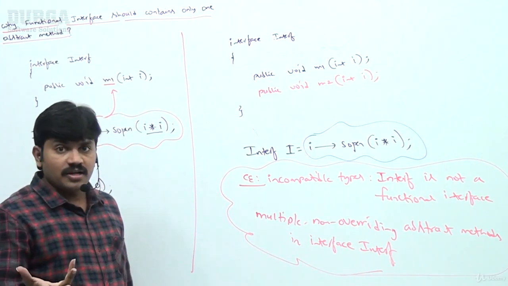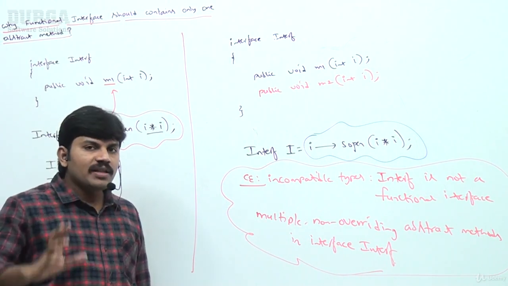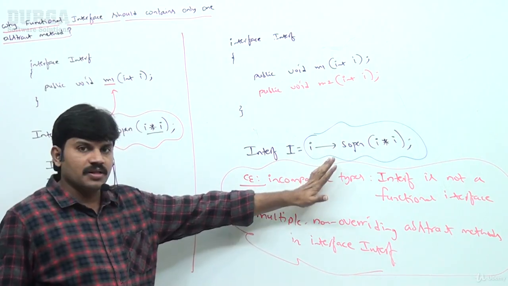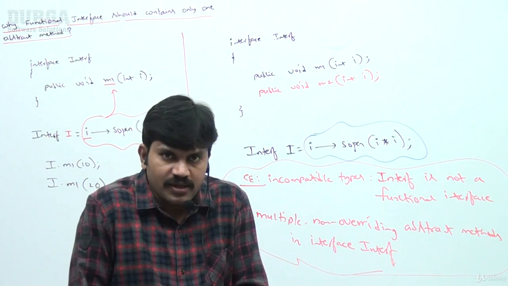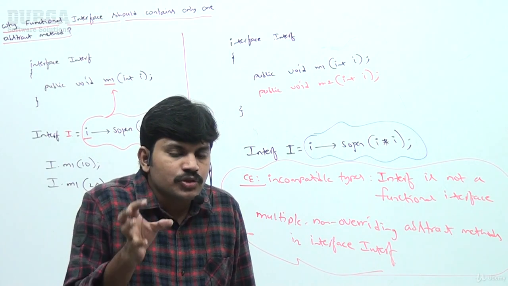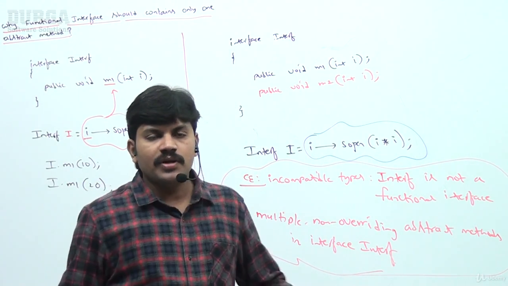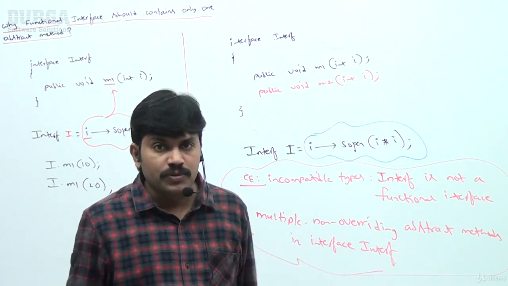Now you can identify the reason why a functional interface should contain exactly one abstract method. What is the purpose of a functional interface? To invoke, to represent a lambda expression. The lambda expression should map to some method of the interface. If the interface contains multiple abstract methods, there is a problem in the mapping.